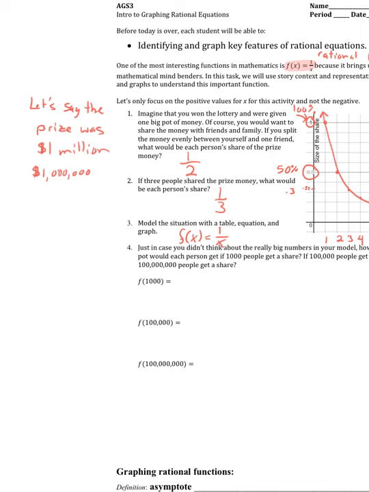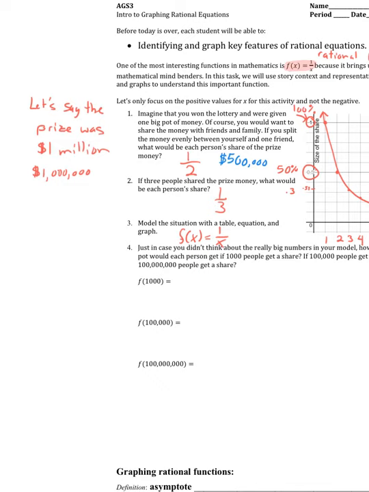Either way is an appropriate way to write 1 million. So if the prize money was $1 million, and I'm getting half of that money because I split it with one other person, how much money would I end up getting? How much is half of a million? 500,000. You got it. It's $500,000.